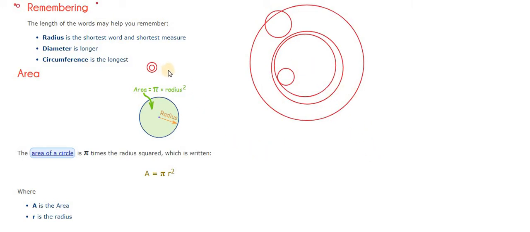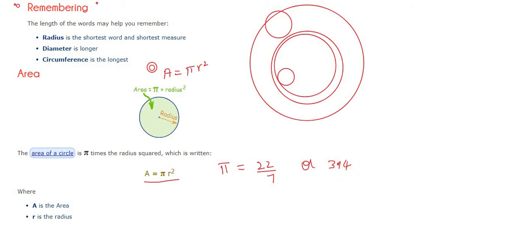Area of circle equals pi r squared. Here A is the area, r is the radius, and pi, we know the pi value is 22 by 7. Sometimes we use pi equals 22 by 7, or pi equals 3.14.